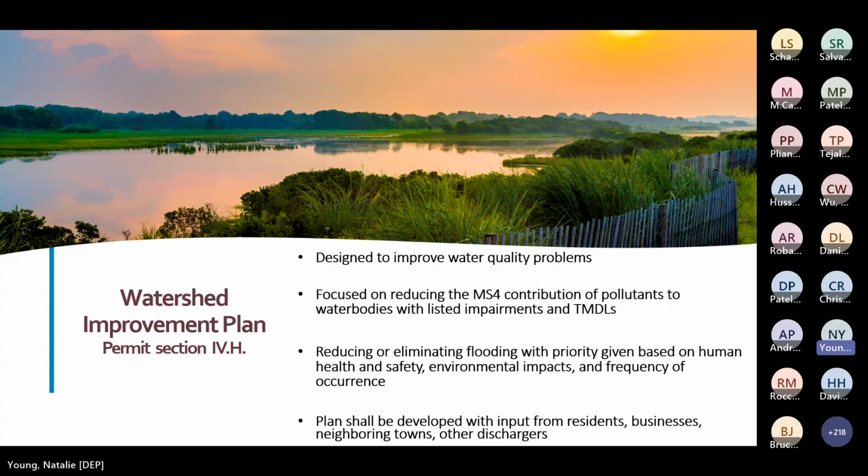Some of these waters have no other discharges into them other than local MS4s. Therefore, the department requires that each Tier A permittee develop a watershed improvement plan to determine what improvements can be made to reduce their contribution of pollutants that are causing impairments to the state's waters.